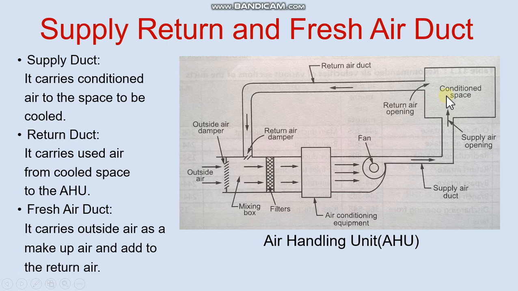The return duct is used to carry the used air from the conditioned space as warm air. It is returned to the mixing chamber. The fresh air duct is used to carry fresh air, that is outside air, to the mixing chamber.